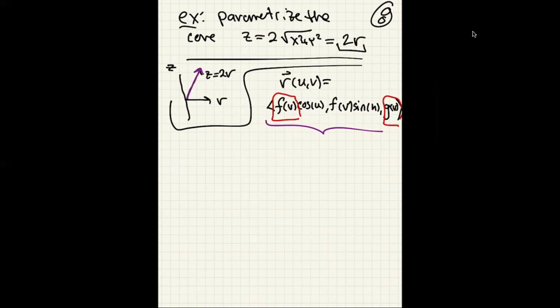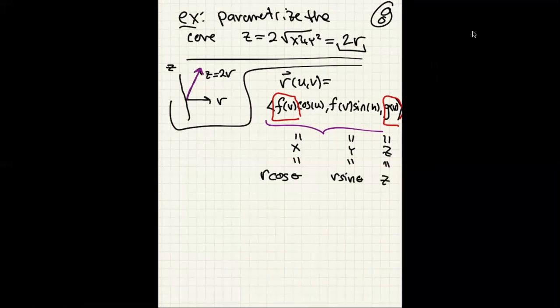This should be making you think of cylindrical coordinates a little bit. Remember this was x, this was y, and this is z. In cylindrical coordinates, x is r cosine theta, y is r sine theta, and z is just z.